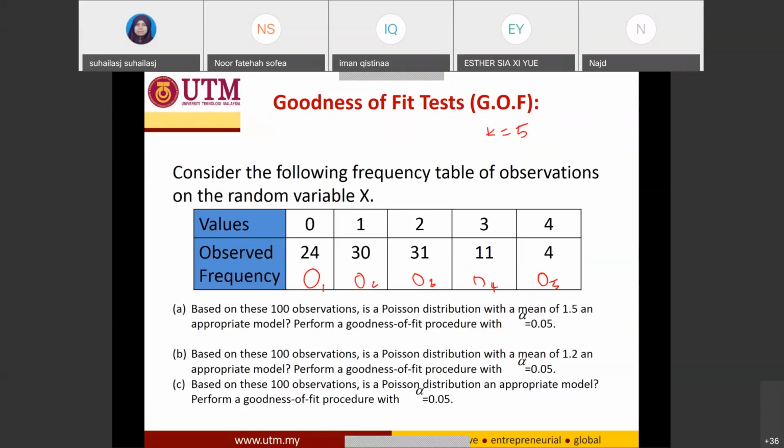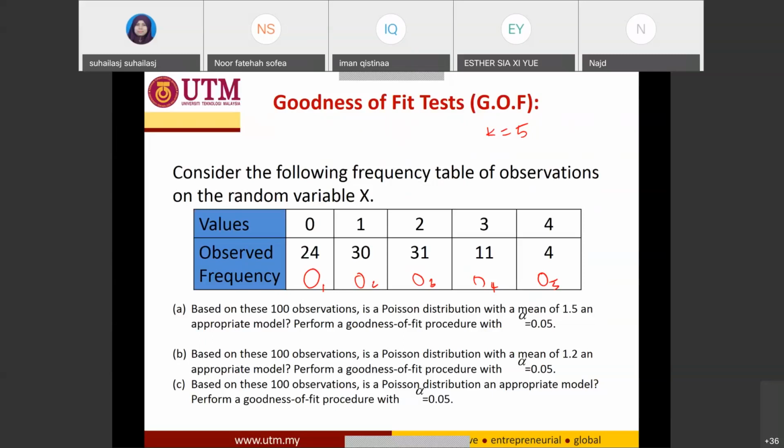Your total is 100 observations: if you total up 24 plus 30, 31, 11, 4, that becomes 100. You want to test whether this is a Poisson distribution with mean 1.5. The parameter is already given, so your lambda here is 1.5.